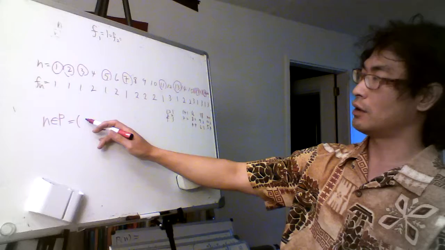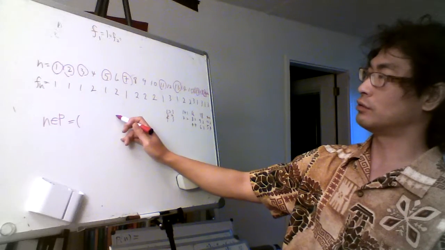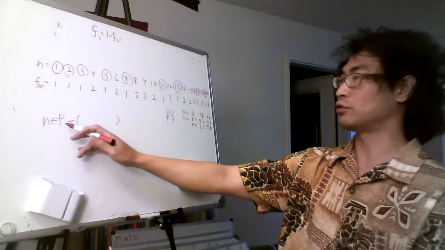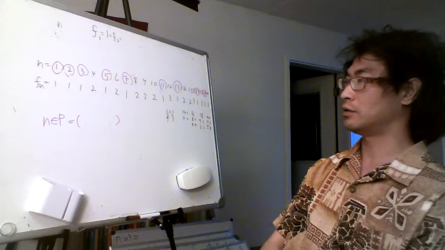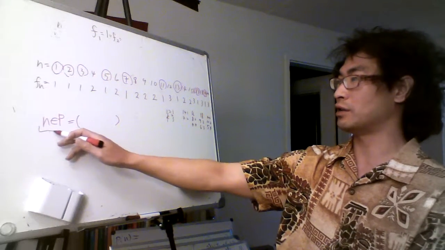So if this guy is true, then n belongs to p. This is a Boolean expression itself, right?